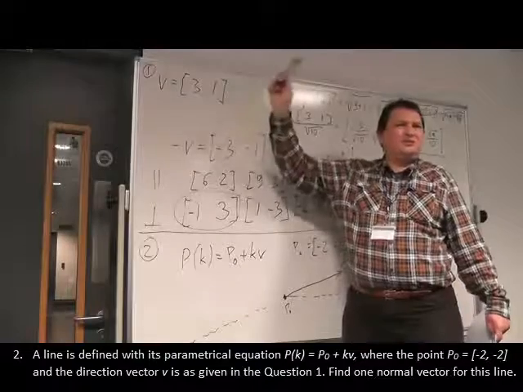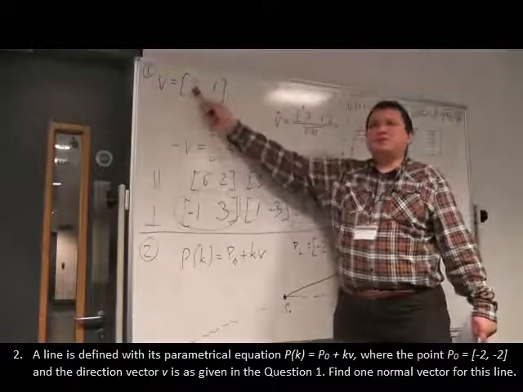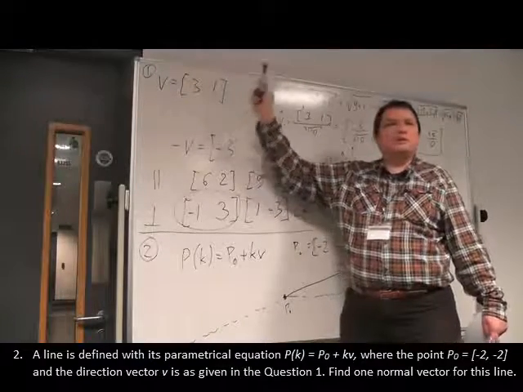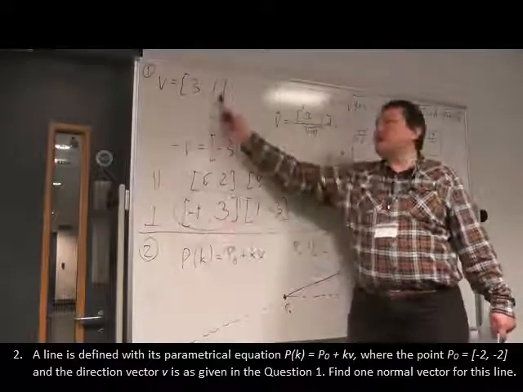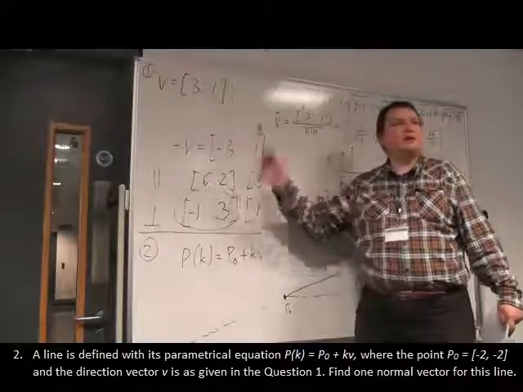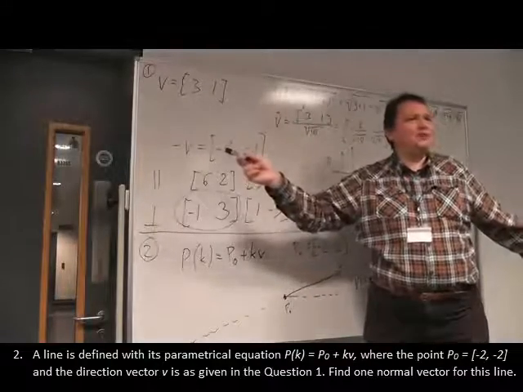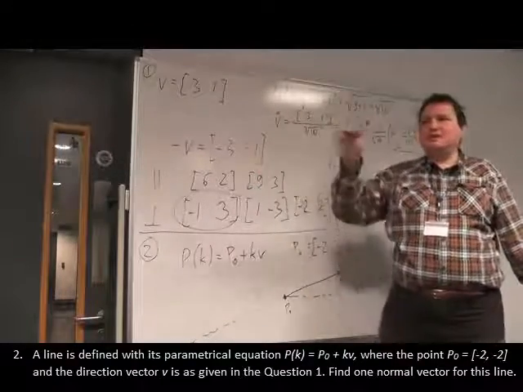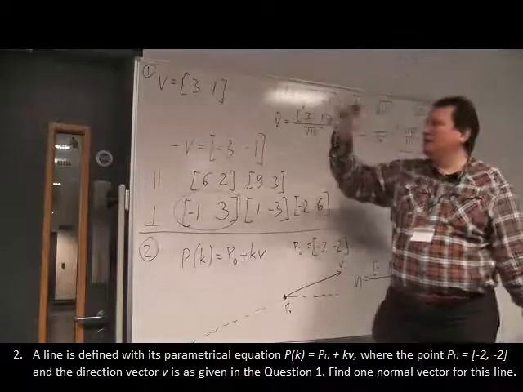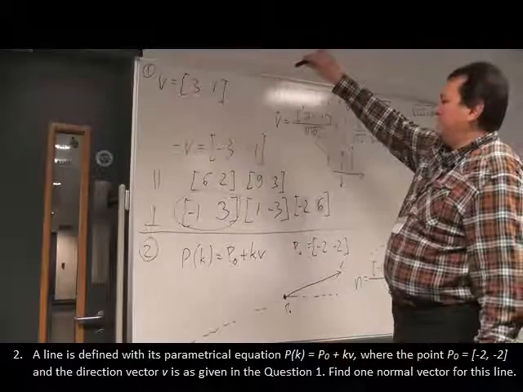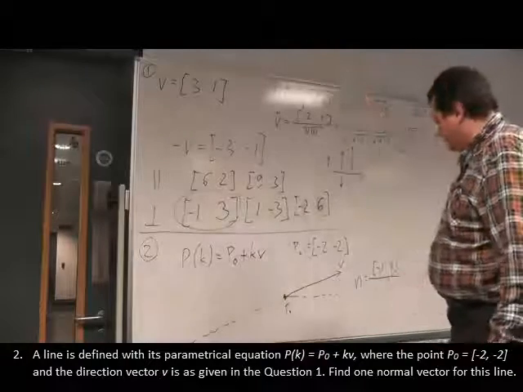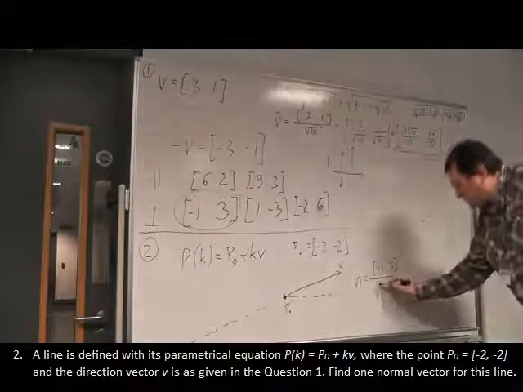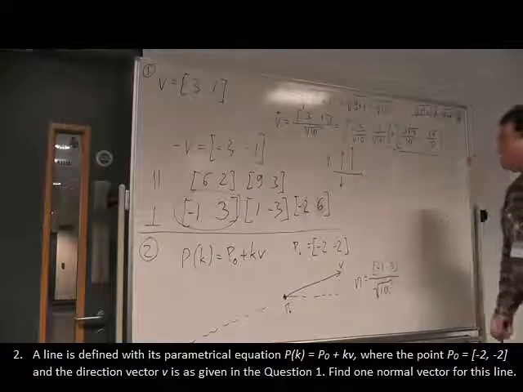If you just think about it, this is square root of 3 squared plus 1 squared, okay? And here it's minus 1 squared, which is the same as 1 squared, plus 3 squared. It's the same length, okay? It's just instead of a vector like this, it's a vector like this. So this length will be square root of 10.